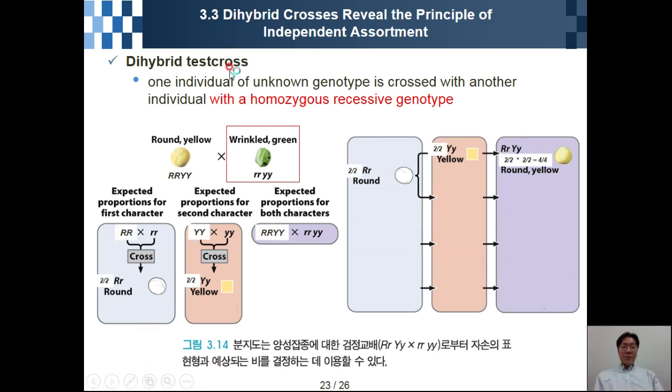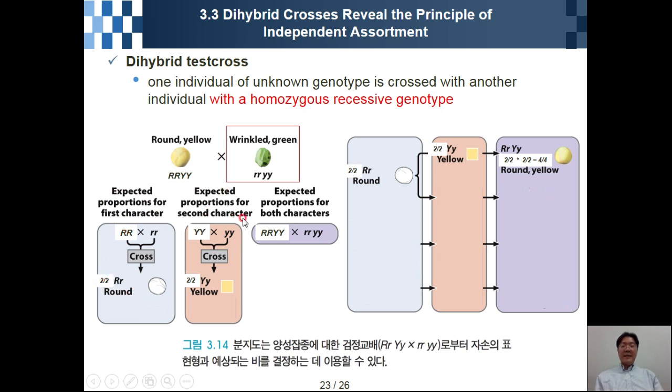In this slide, we cover when the one individual's unknown genotype is large R, large R, large Y, large Y. The phenotype is round in shape. In this case, the expected proportion for the first character will be 2 out of 2 round.